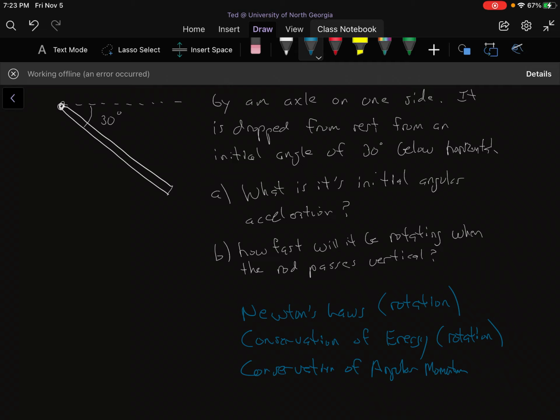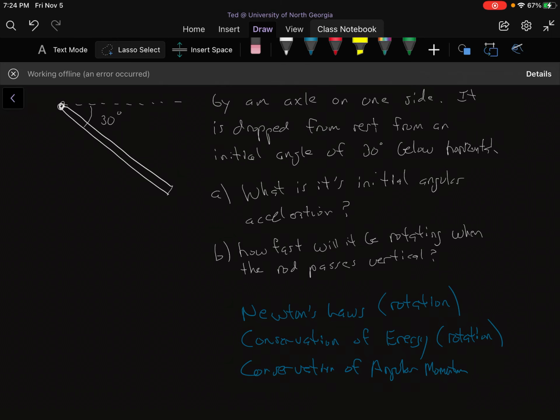If I'm wanting to use conservation of energy, then I'm looking for a situation where an object's gravitational energy changes or its spring energy changes, so that its kinetic energy can change. So in this case, the object is basically falling towards the Earth, so it's losing potential energy, which means it's going to gain kinetic energy. So I'm going to use conservation of energy for part B.